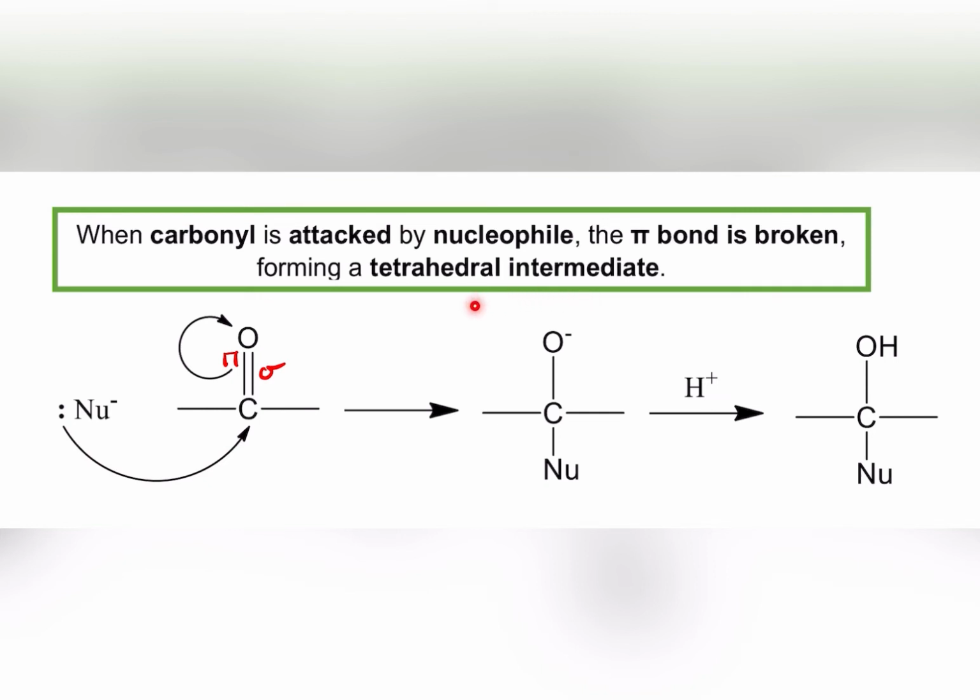Once this tetrahedral intermediate forms, the reaction progresses where you treat with H plus. This H plus will be attacked by O minus, so you will have OH here. This is the reason how you explain why carbonyl compounds are favored to do nucleophilic addition.